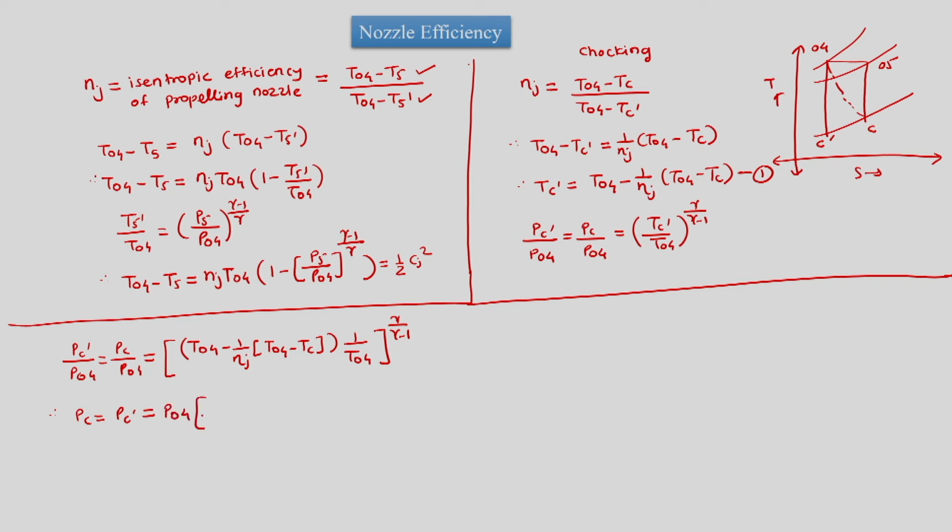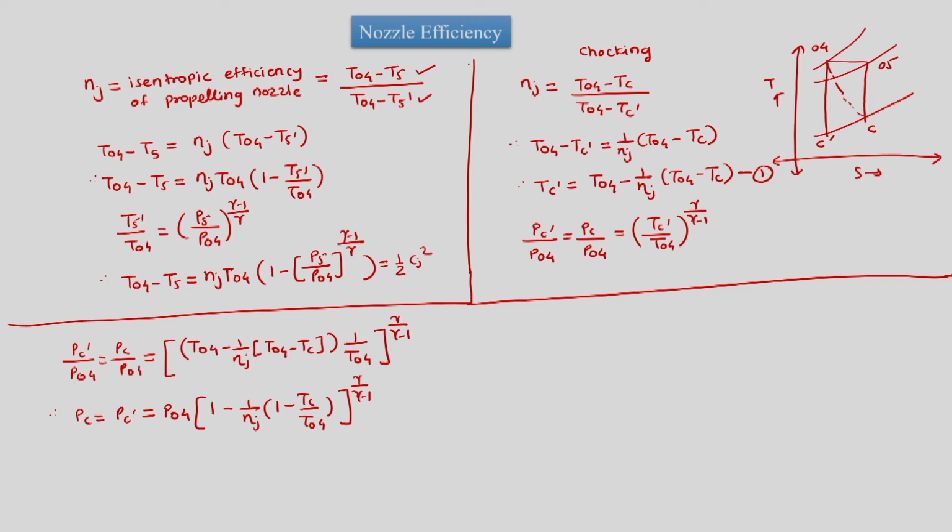For given P naught 4, we can further take T naught 4 common, which would get cancelled with existing T naught 4 from the denominator and lead to 1 minus 1 upon Nj into 1 minus Tc upon T naught 4 bracket raised to gamma upon gamma minus 1.